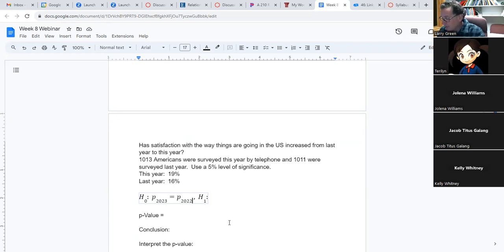Okay, then we have H1. And the key here on this one is we can write P sub 2023. And then what inequality is next?